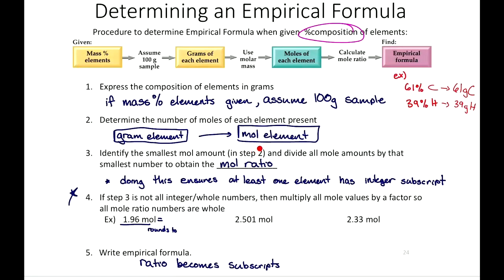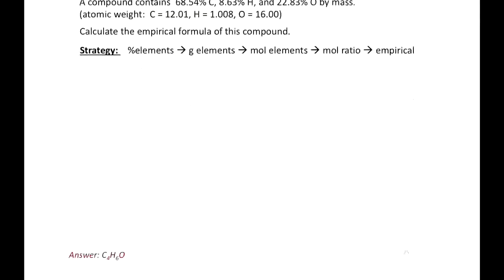How do we convert from grams to moles? Molar mass of the respective elements, all right? All right, so then once we have gram amounts to mole amounts, we're one step closer to getting that mole ratio.